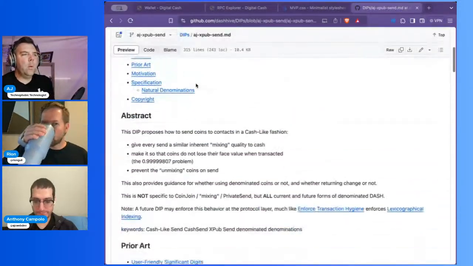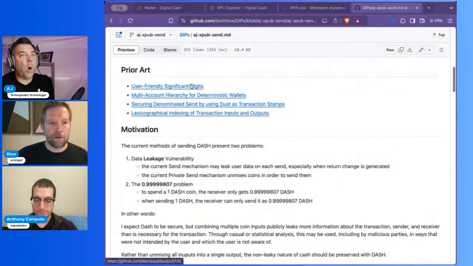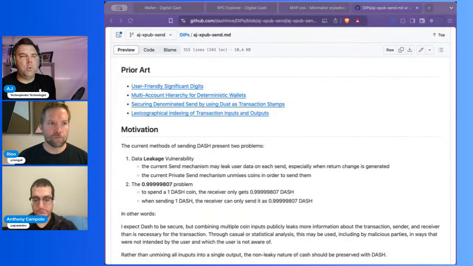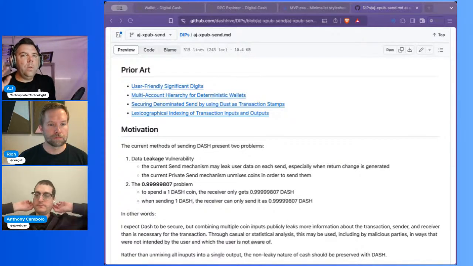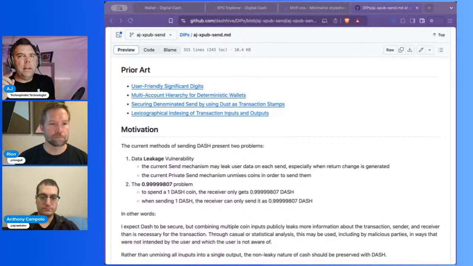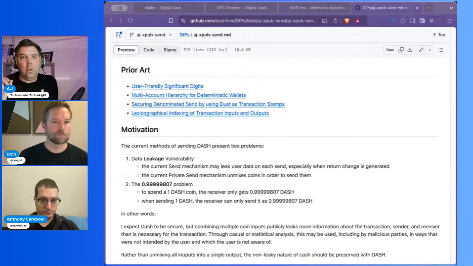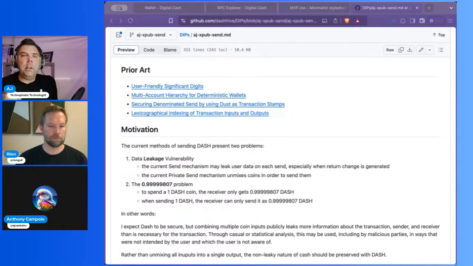Okay, so what cash send does, in its ultimate form, there is no difference between a CoinJoin and a private send. With cash send, a CoinJoin transaction is a cash send transaction, and a private send transaction is a cash send transaction. So cash send is that you only use denominated inputs and you only use denominated outputs, and there is a happy bit where you get rid of the collateral, because in cash send you only use denominated payment.